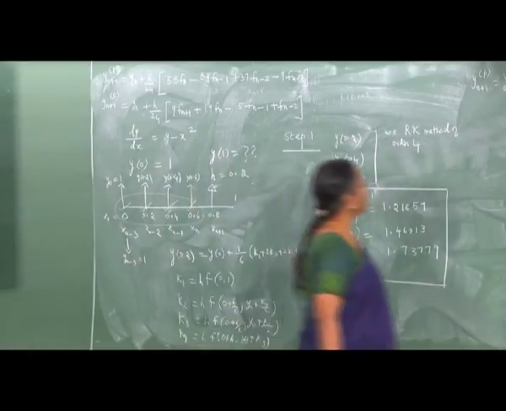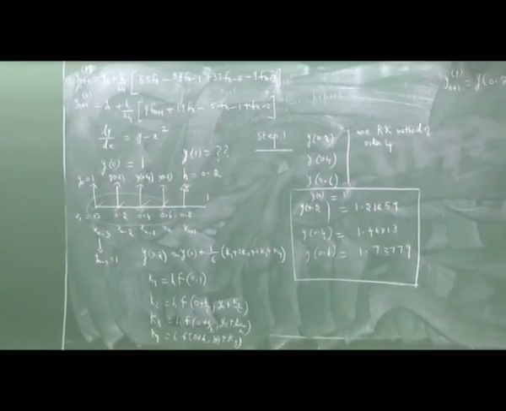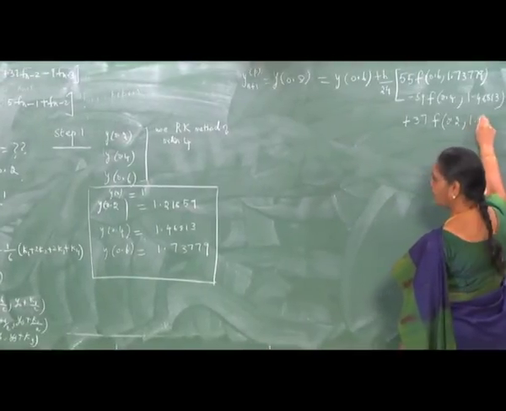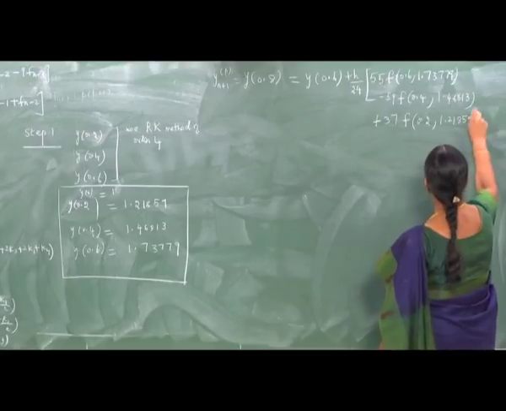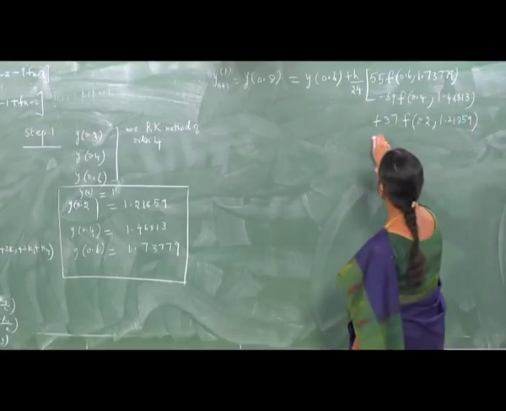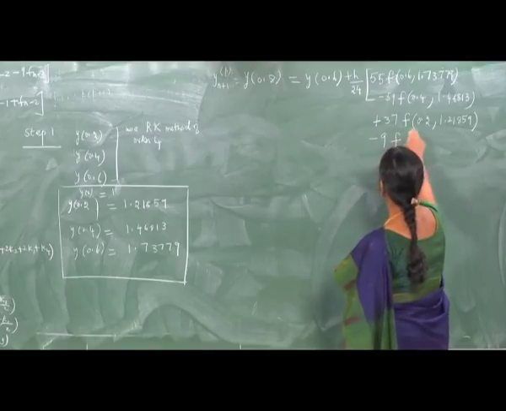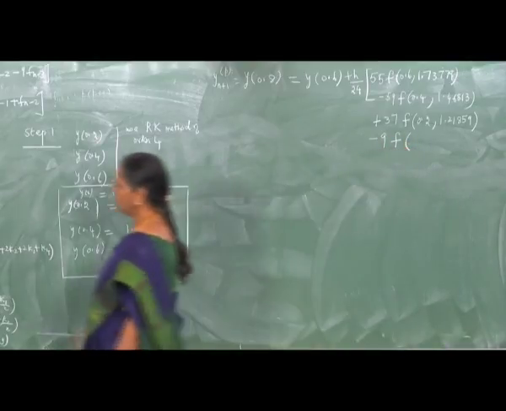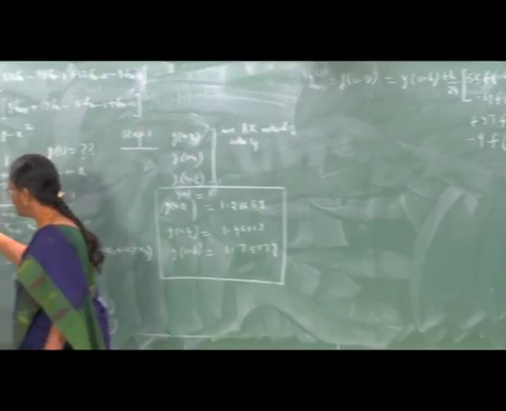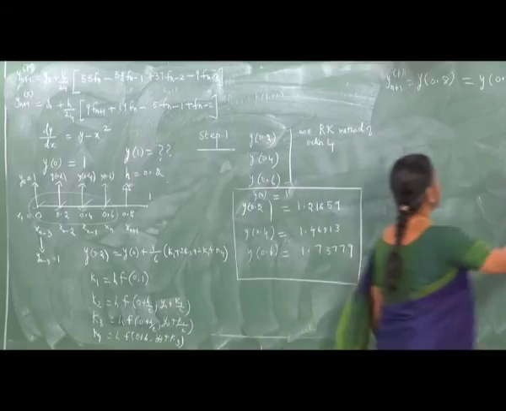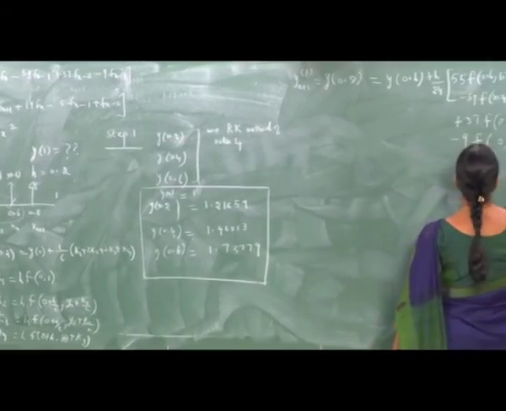So, it is f of 0.2 comma 1.21859. And the last term is minus 9 times f n minus 3. Our x n minus 3 is 0 and the value there is 1. So, it is f of 0 comma 1.